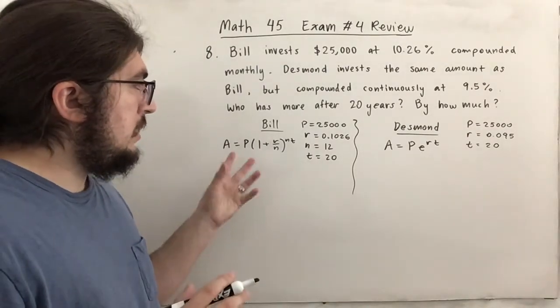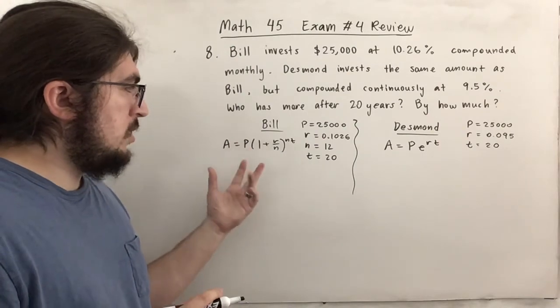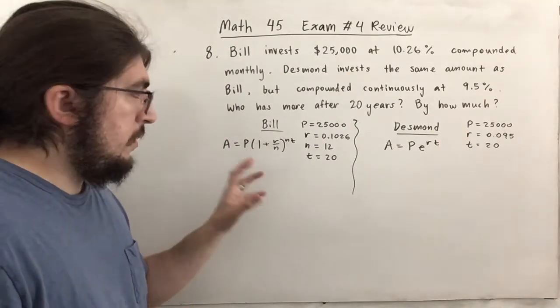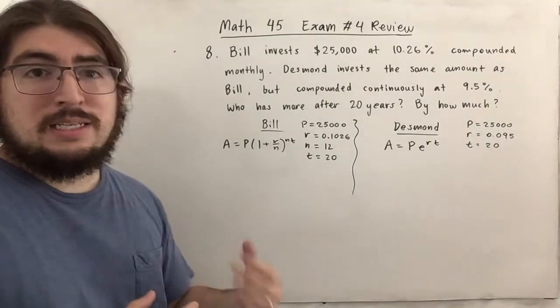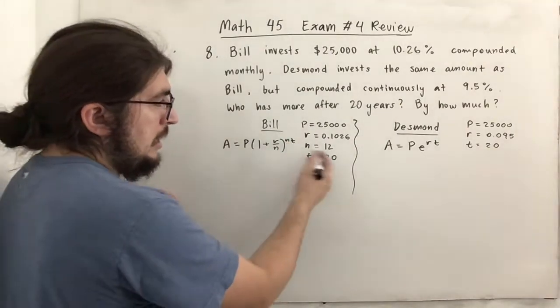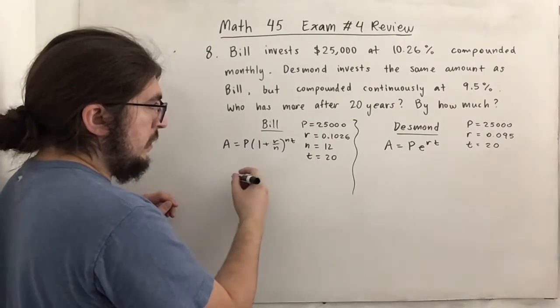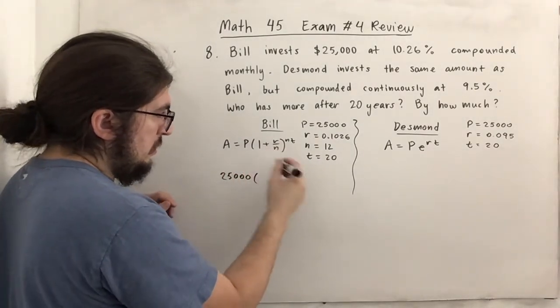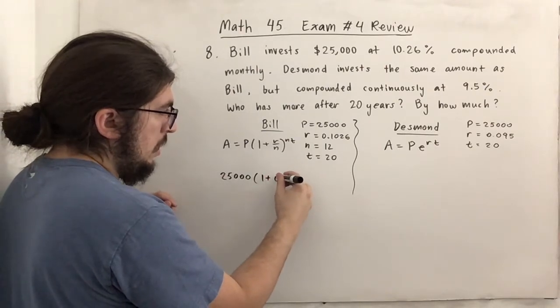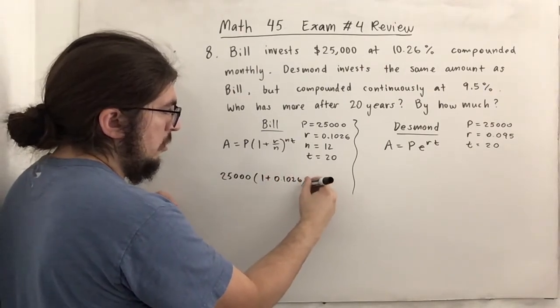But the biggest part people get confused on with the calculator input is parentheses, of course, but more than that, n times t is in its own parentheses. So nt is going to be 12 times 20. So when you do it in your calculator, it's going to be 25,000 times whatever this is, and you can type it out, 1 plus 0.1026 over 12.